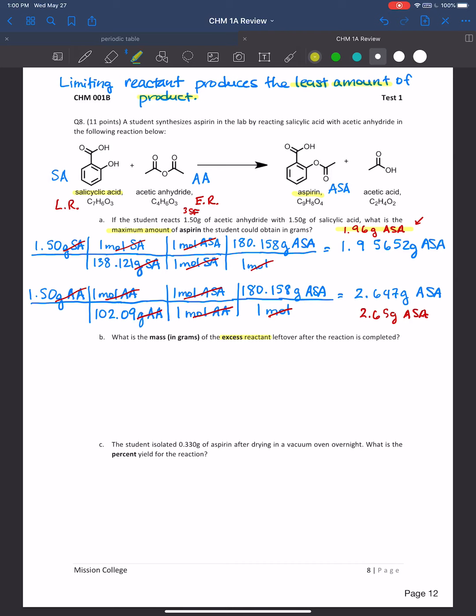All right, now in order for us to calculate the mass in grams of the excess reactant left over, we always need to start our calculation again from the limiting reactant. So we will start with 1.50 grams of salicylic acid, convert that to moles using the molar mass.